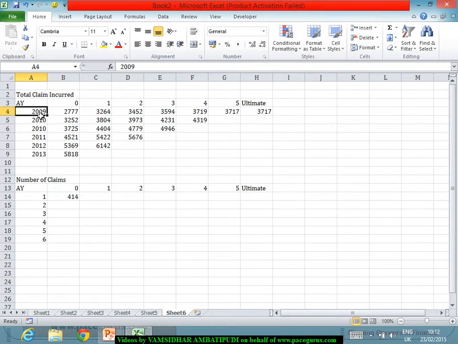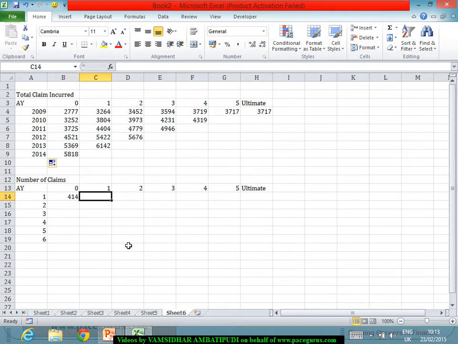So if I make this assumption, the claims that got initiated in 2009 got settled in 2009. 414 claims which got initiated in 2009 to the worth of 2.777 million got settled in 2009 itself.